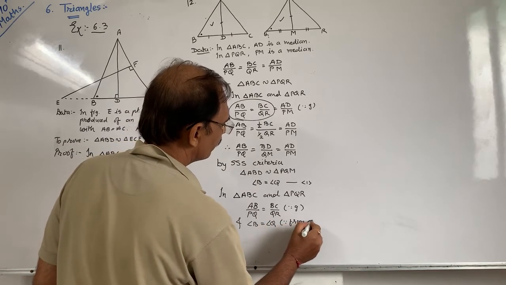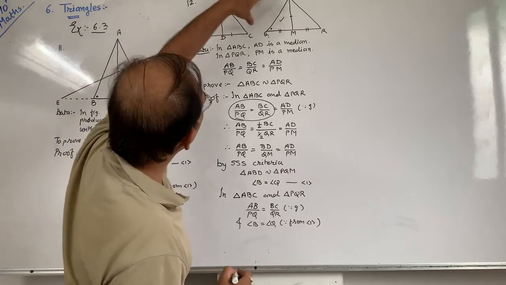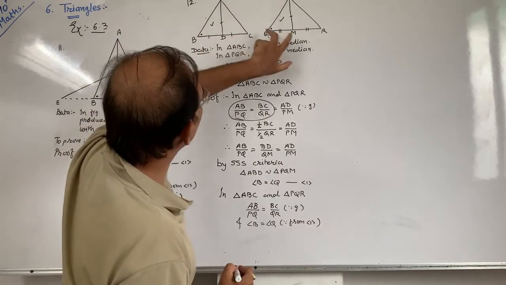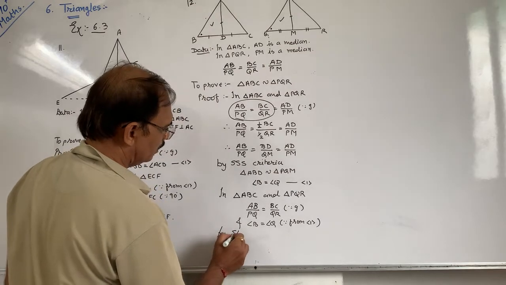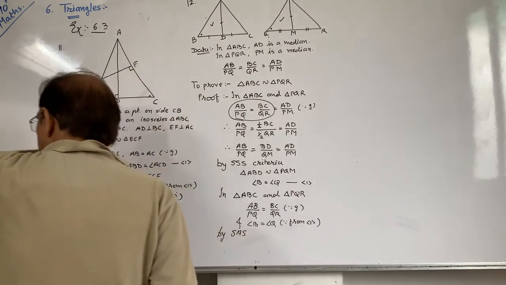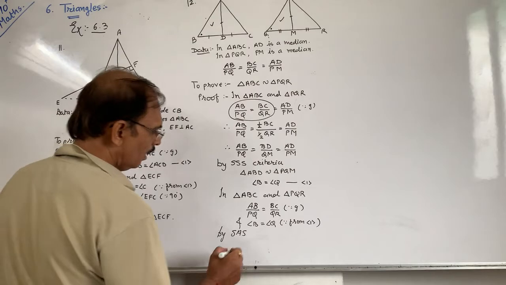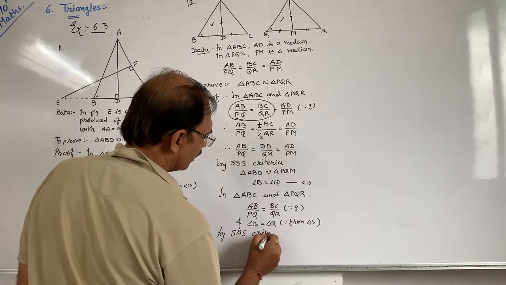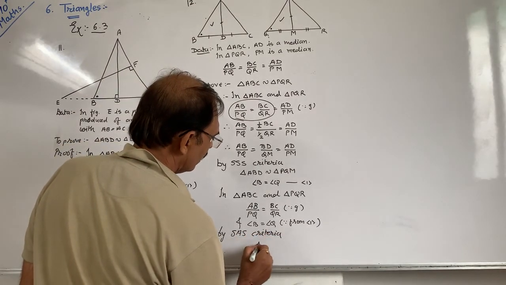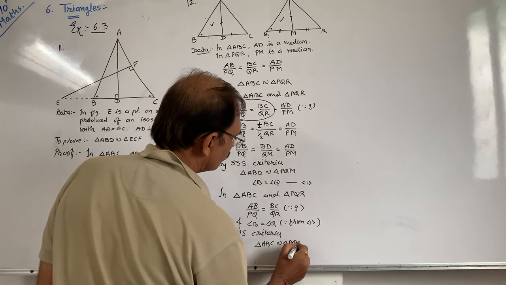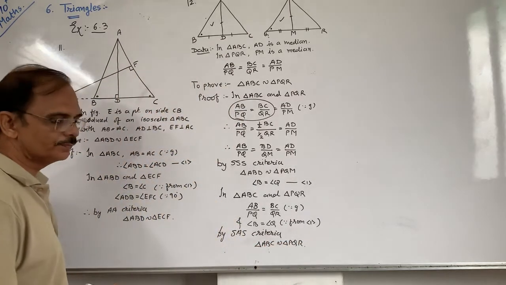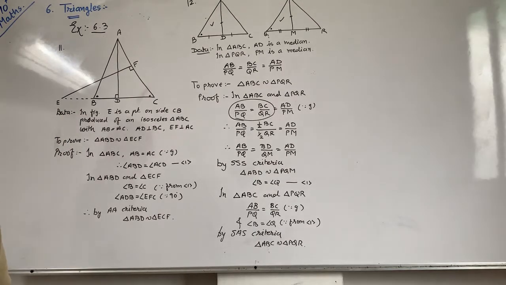Is it okay? So by SAS criteria, triangle ABC is similar to triangle PQR. That's true. Right, on this we start number 13.